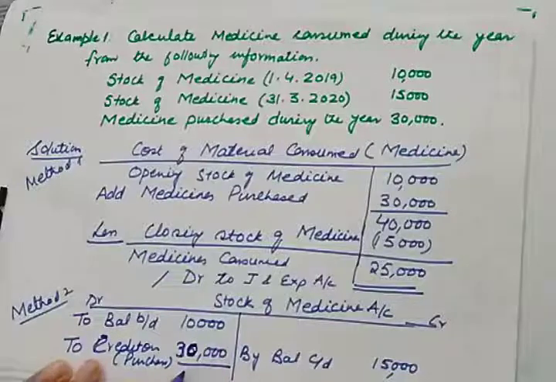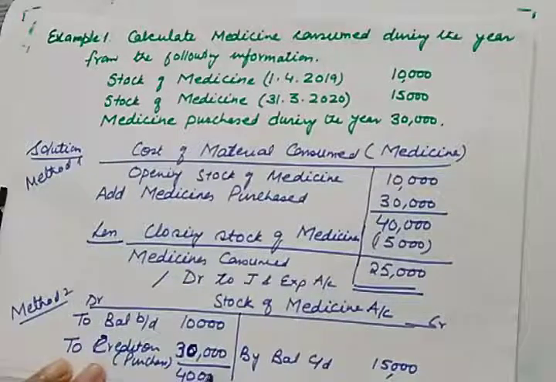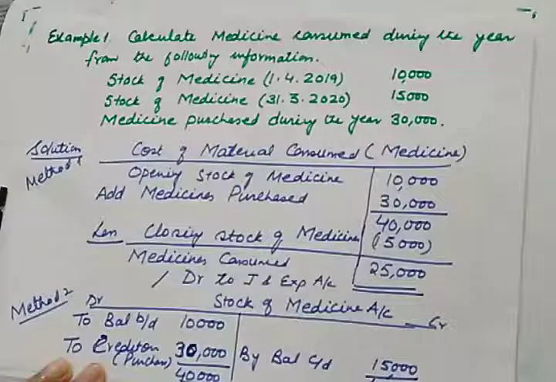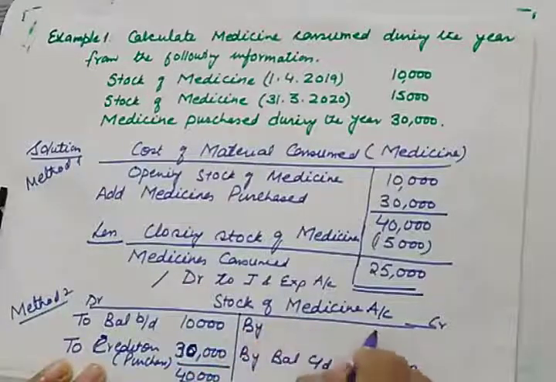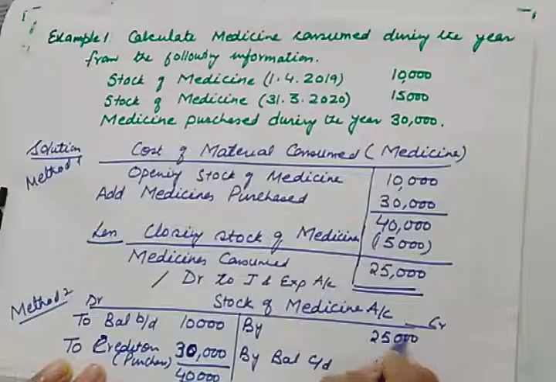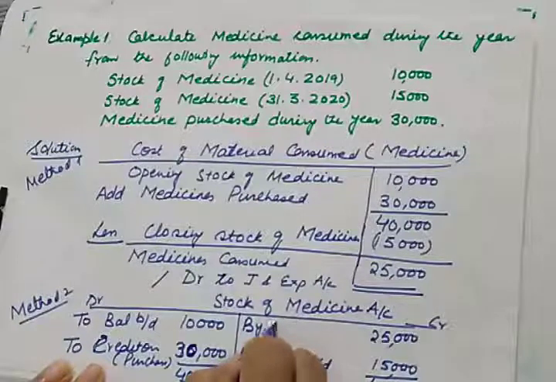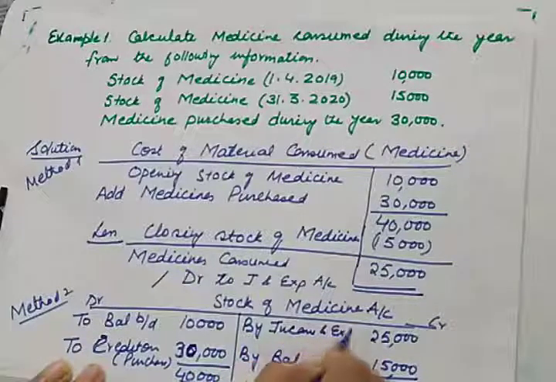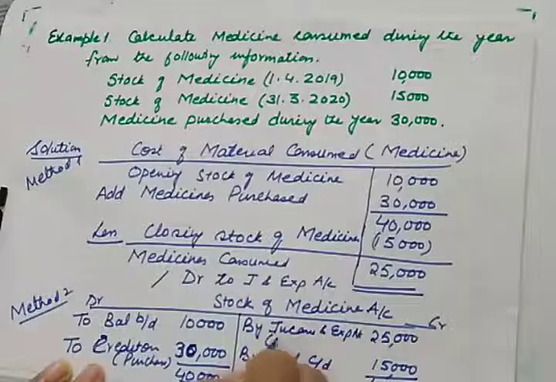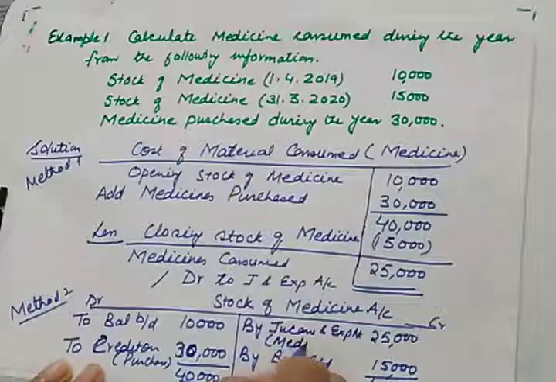So the total medicine available was 40,000, out of which how much is left in the stock? 15,000. It means medicines consumed is 25,000, which will be debited to income and expenditure account. This is medicines consumed.